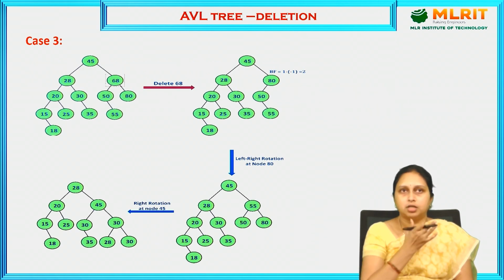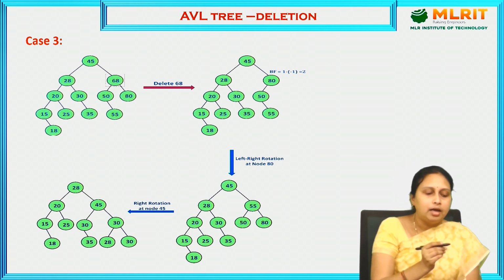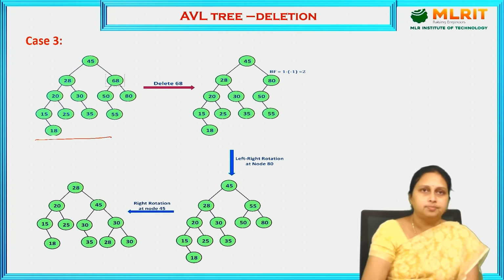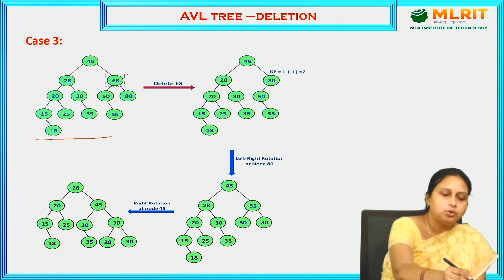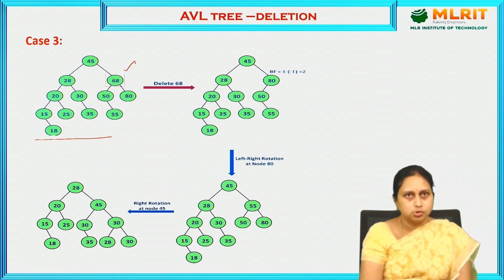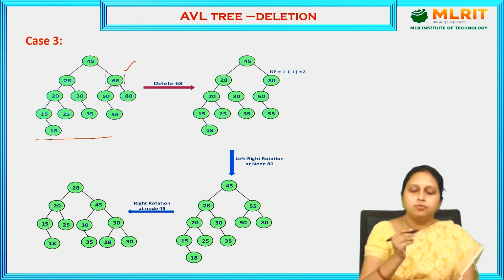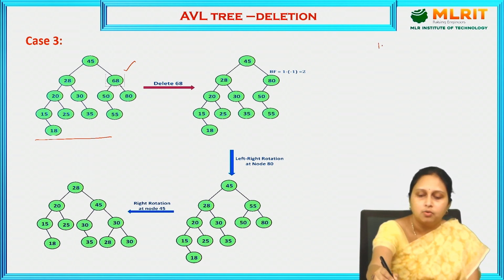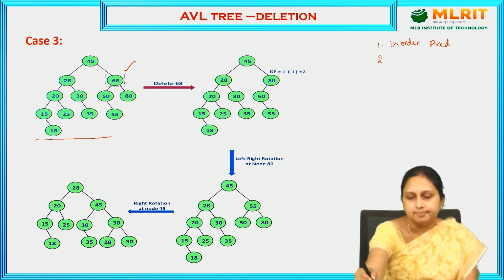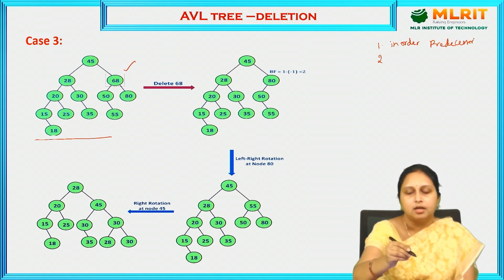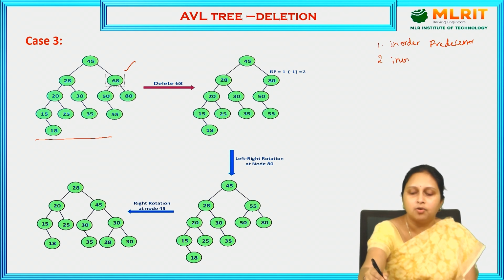Now check for case 3. Here, this is a tree where a node with two children, 68, is selected to be deleted. When I want to delete a node with two children, here we have two cases. One is replacing that node with the in order predecessor, and the other one is the in order successor.